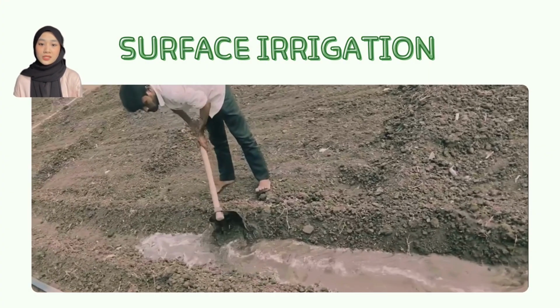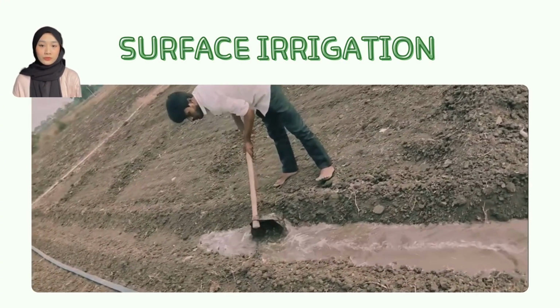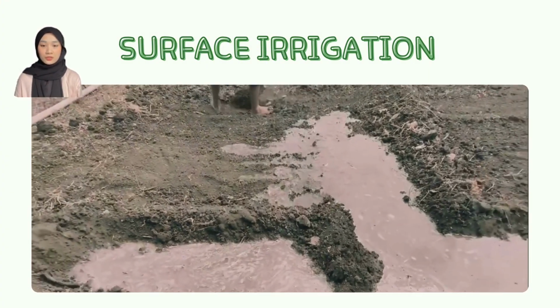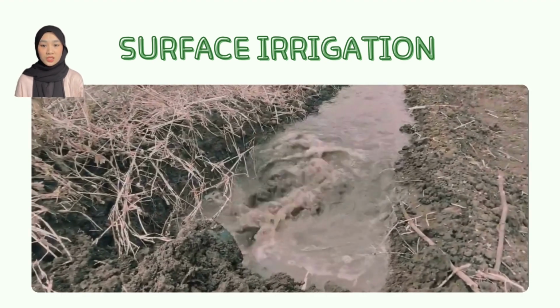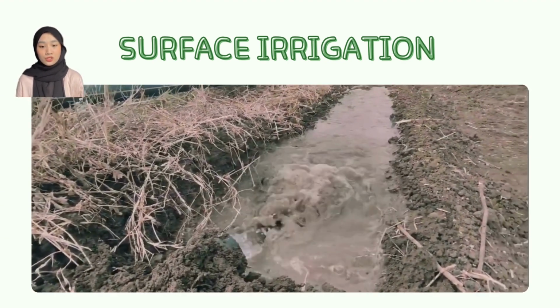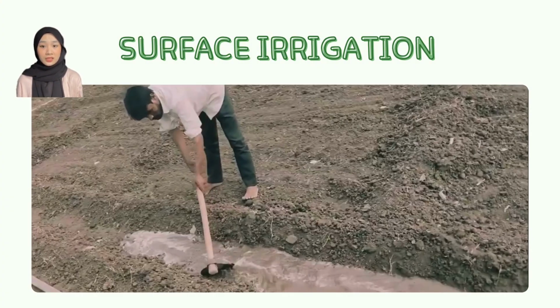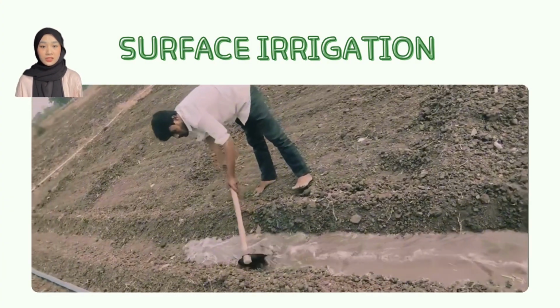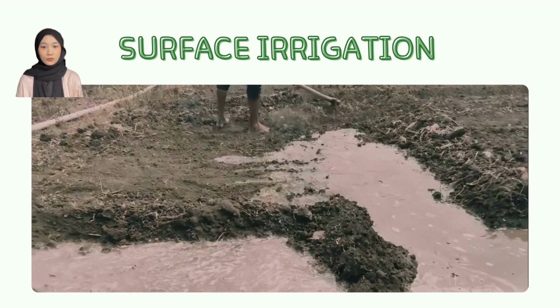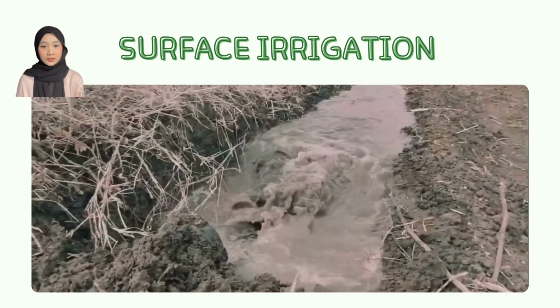It might look easy, but one of the challenges is making sure the water spreads evenly across the entire area. That's why land leveling is really important for this method to work effectively.